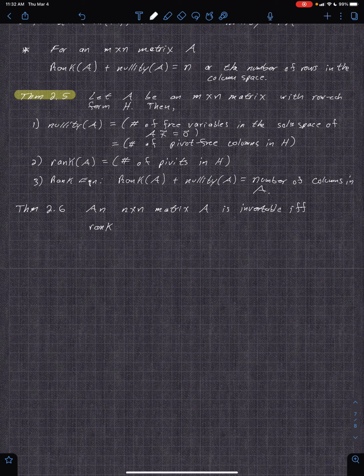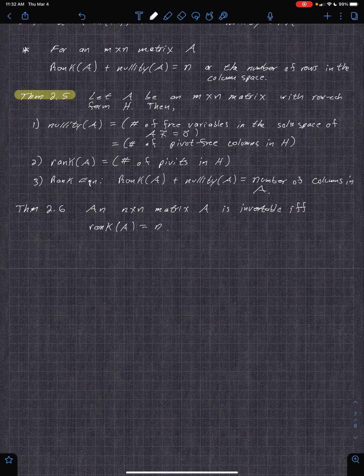The rank of A is the number of pivots. And what does the nullity have to be? You can't have stuff zero out. For an invertible matrix we have a unique solution, so you can't have an entire row zero out and have a free variable. So the rank has to equal n.